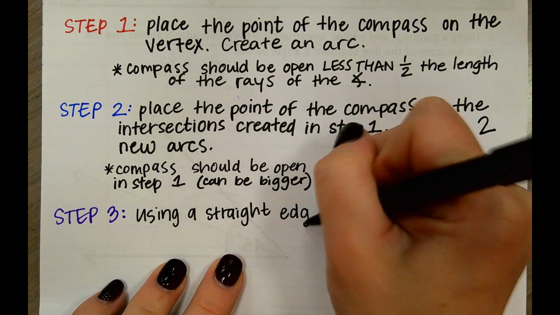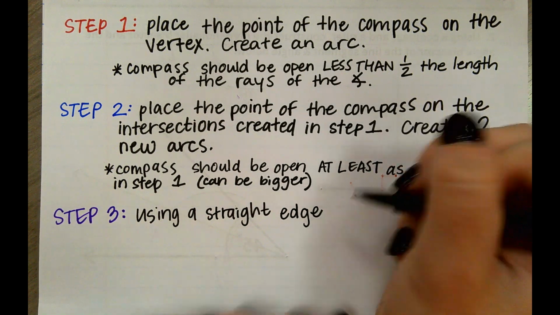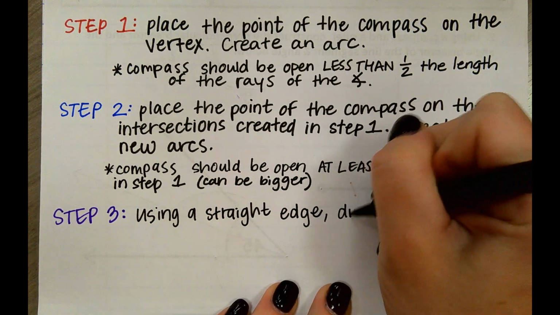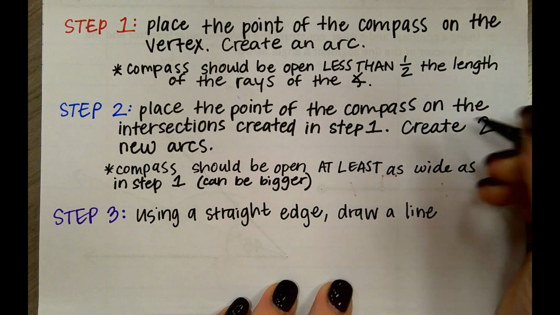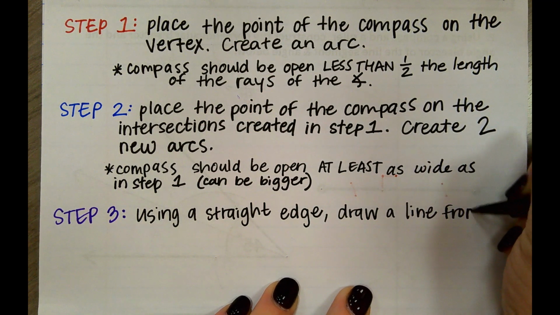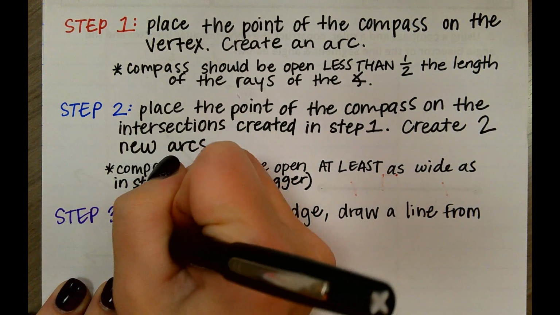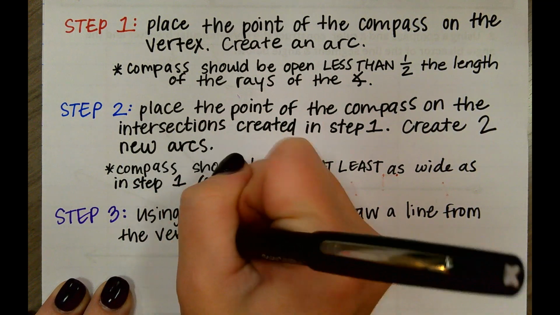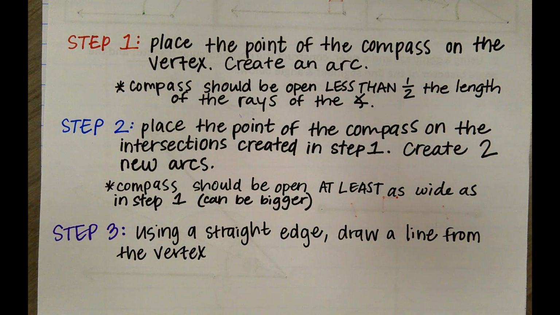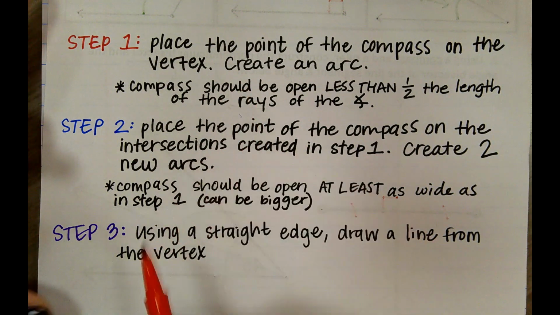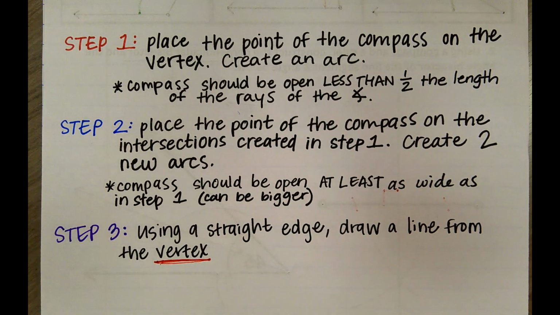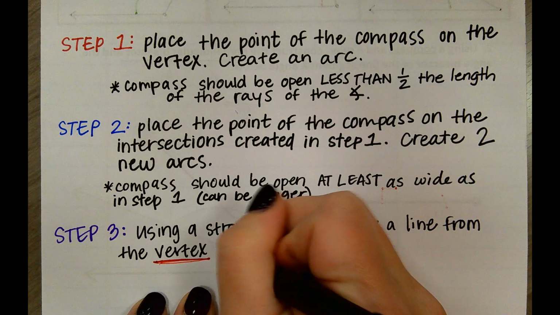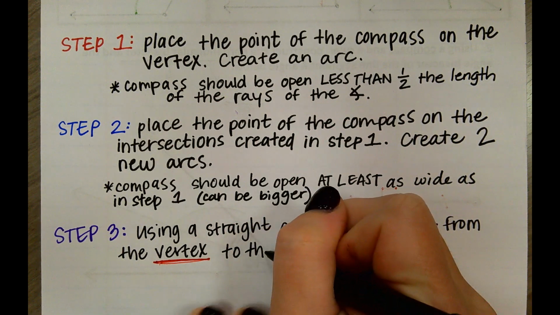Use a straight edge. So using a straight edge, draw a line from the vertex, and I'm going to underline vertex in red so that it stands out. So from the vertex to the intersection created in step 2.